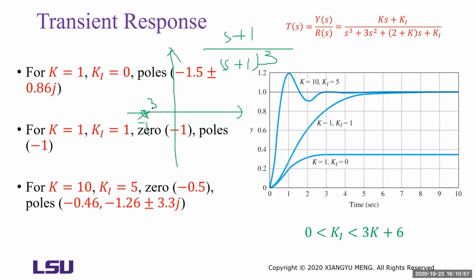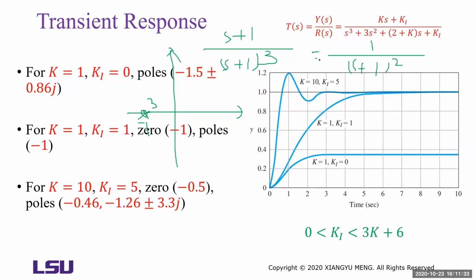But in this case, we can cancel one s plus 1. If you look at the response, it's the same as the transfer function 1 over s plus 1 squared. When you look at input output, this transfer function is the same as this one.